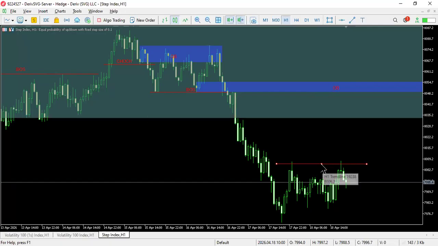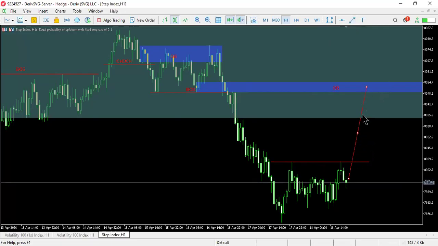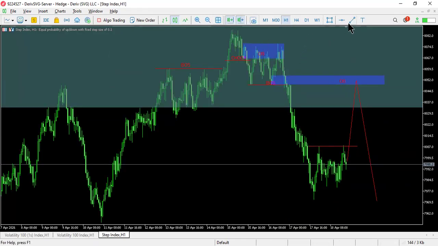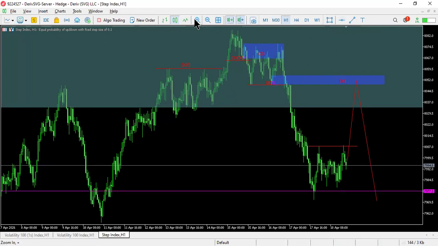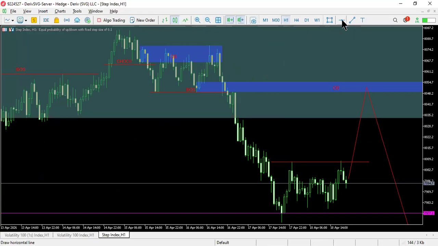So now I'm anticipating for price to clear the liquidity that is forming here, where we have equal highs, to sweep this liquidity to go and tap into my order block and then expect a move to the downside because the overall trend is bearish and my first take profit is going to be at that level.